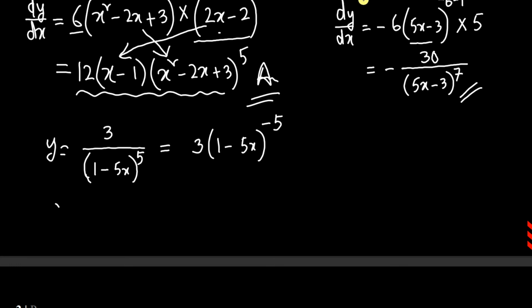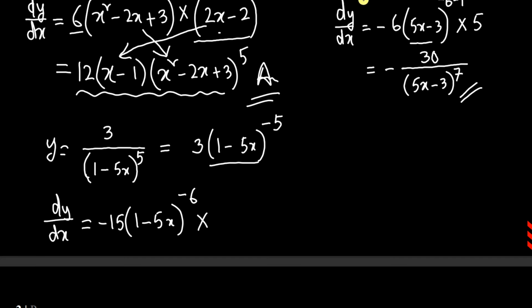Now apply the differentiation, dy by dx. We can write it: 3 into 5 is minus 15. Then from the power of 5x we are subtracting 1, which gives us minus 6. And inside the bracket, if we differentiate, we get minus 5.